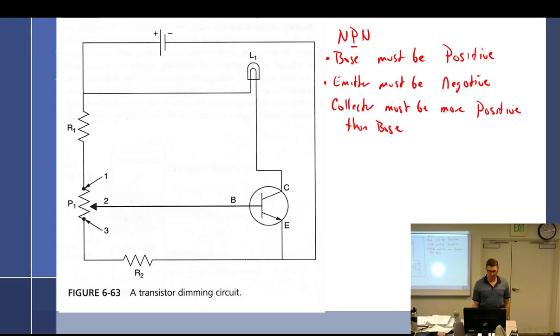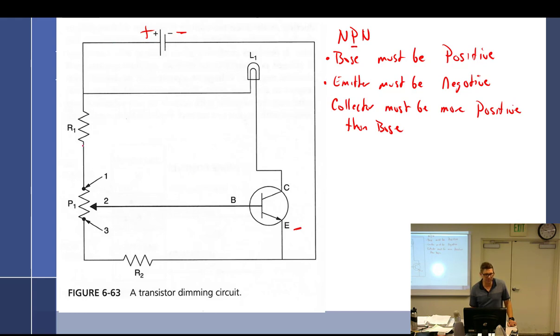All right, so let's look this thing through and dissect what we got going here. There's the positive, there's the negative. So we can come around here and I would say the emitter is full-blown negative if we go that way. And collector over here, it's got already a little bit of a voltage drop from the light, but leave that there. So my base must be positive with respect to the emitter.